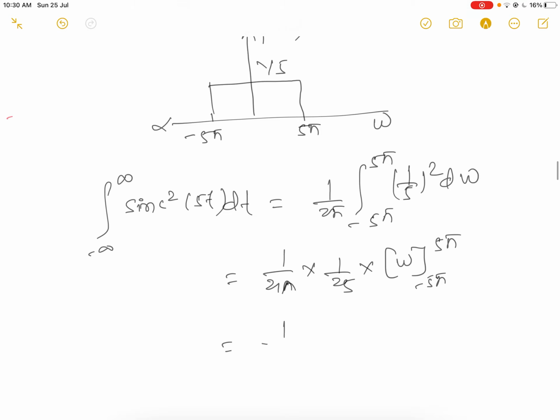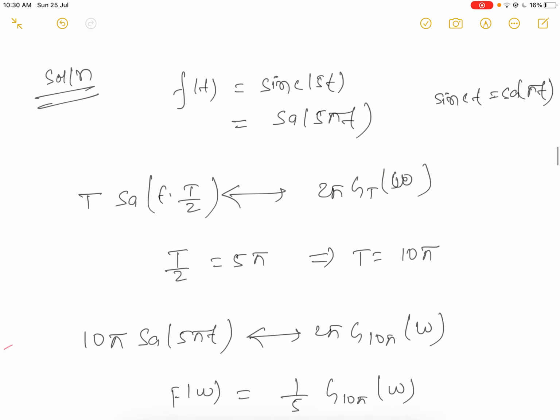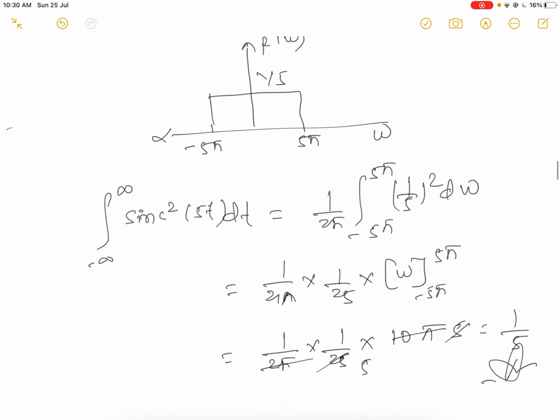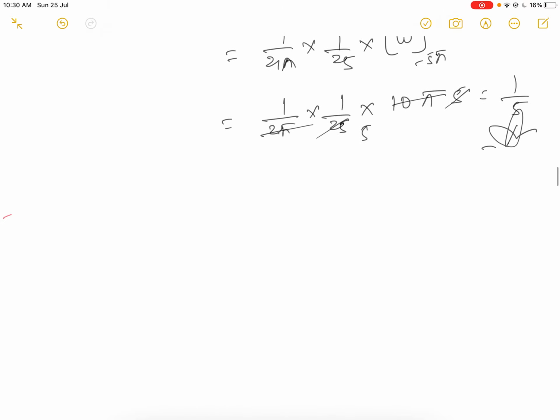So it becomes 1 by 2 pi, 1 by 25, into 10 pi. 2 pi and 5 cancel out, and the answer will be 1 by 5. This one is an objective question, a fill in the blanks, so the answer will be 1 by 5 only.